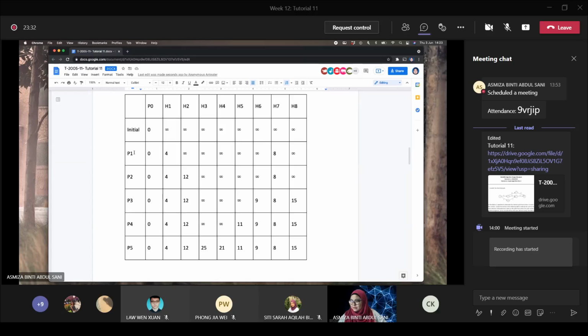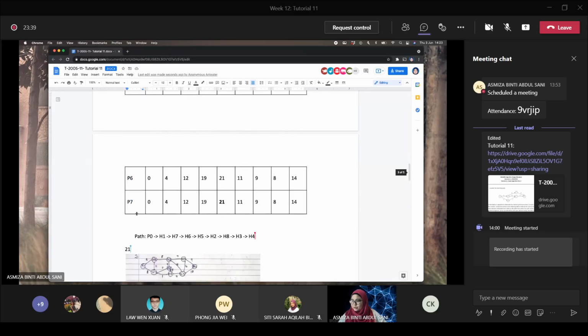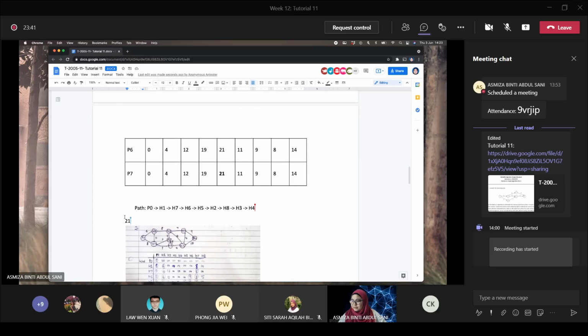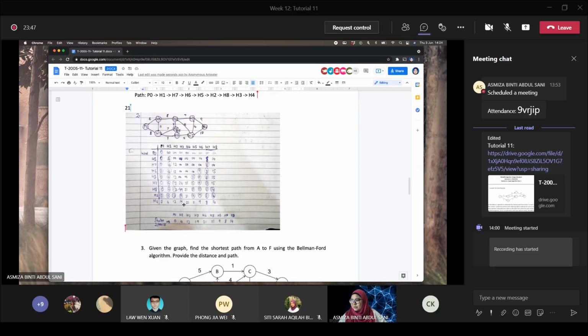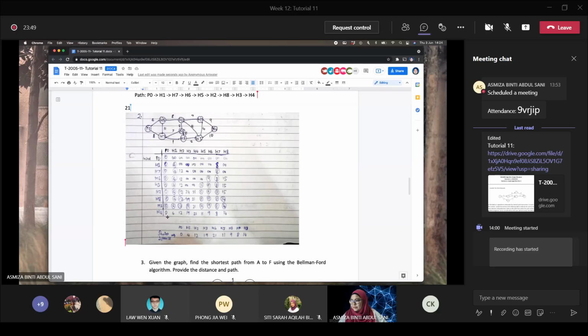I'm not sure what you mean by P1, P2 up until P7. It's supposed to be H, so basically H4. You see here, the distance is 21.